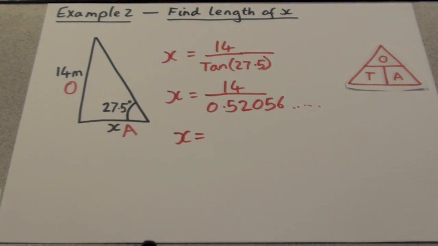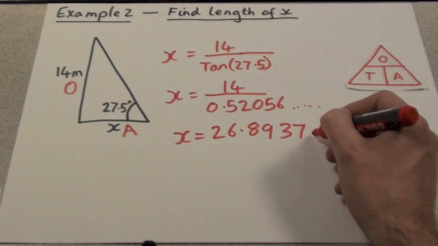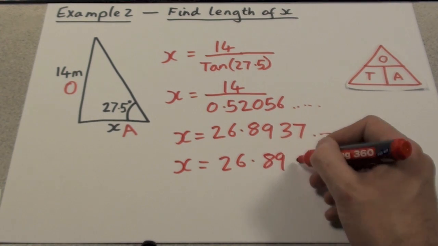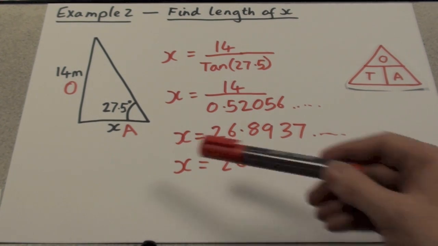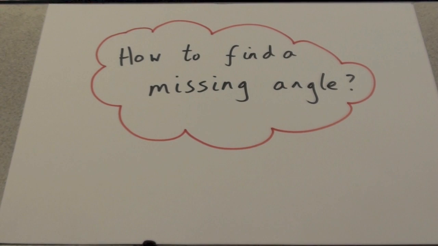So you do the 14 divided by the tan of 27.5, and you get an answer of about 26.8937, etc. Rounded off to 2 decimal places is 26.89 meters. This obviously doesn't look accurate on the diagram, but not all diagrams will be drawn accurately, so beware. How to find the missing angle is something we're going to look at in a further video.